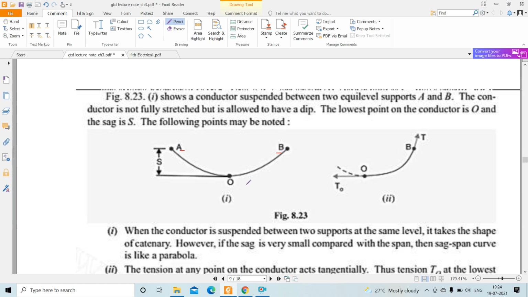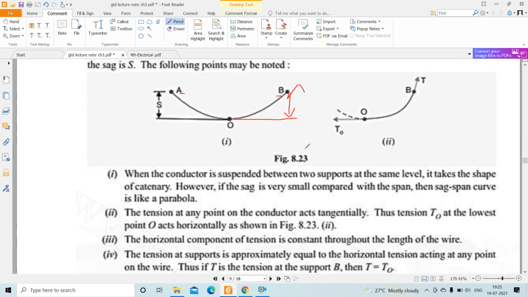The lowest point is O, and the difference between point A and point O is the sag S, or the difference between B and point O is also your sag.